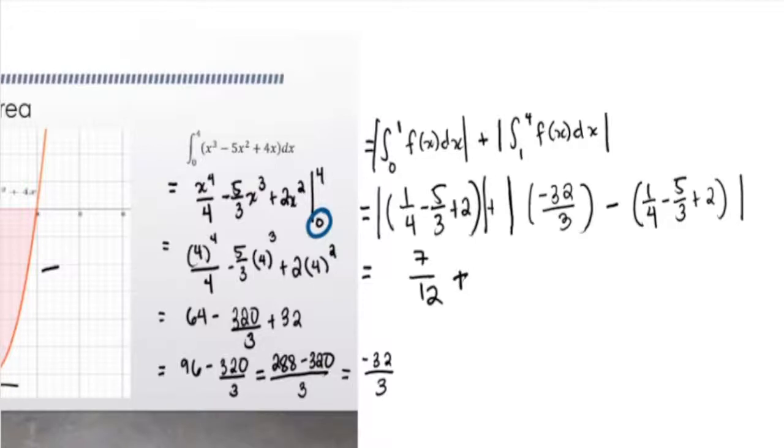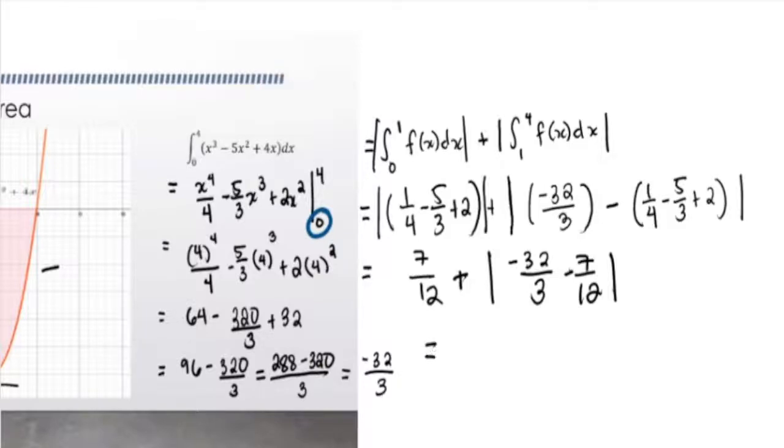Plus the absolute value of negative 32 over 3 minus 7 over 12. Okay?